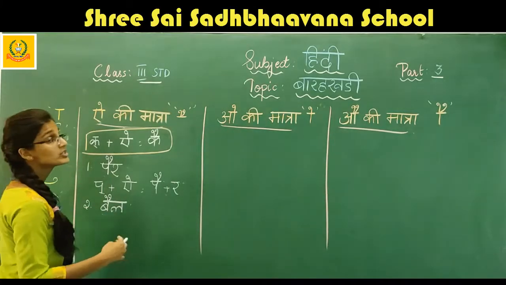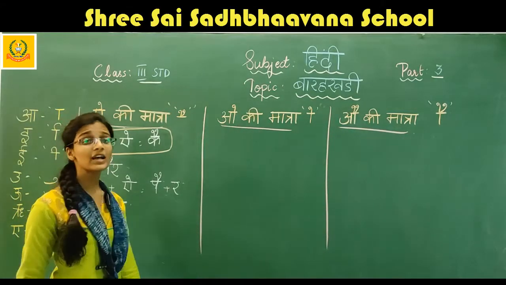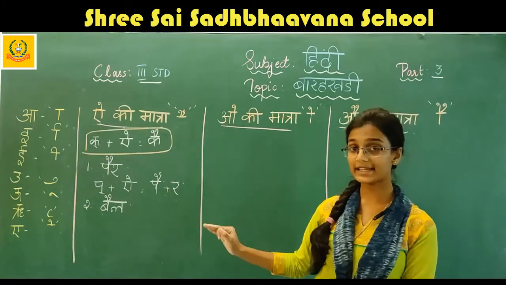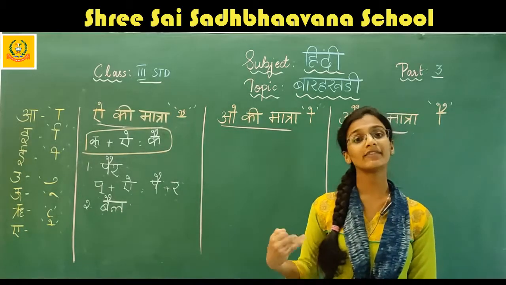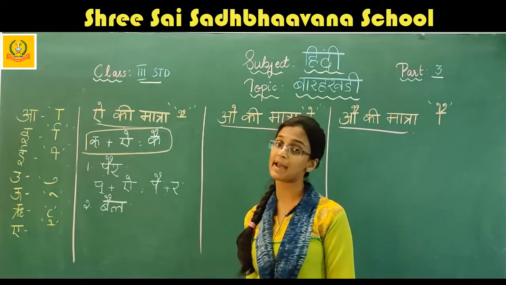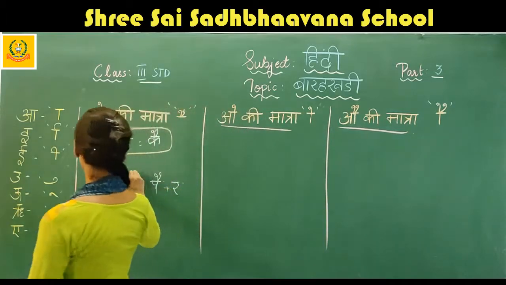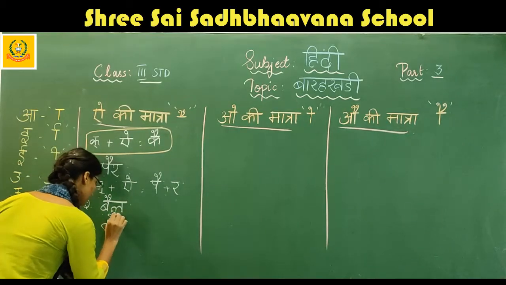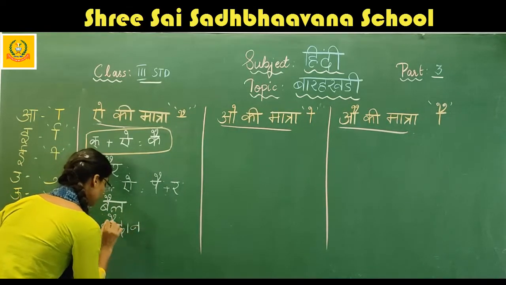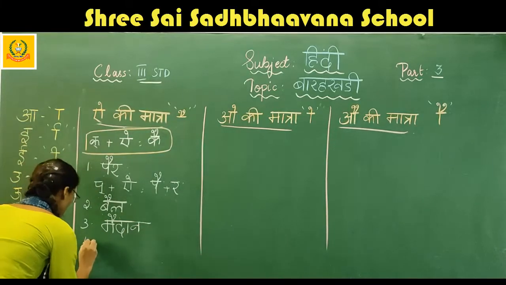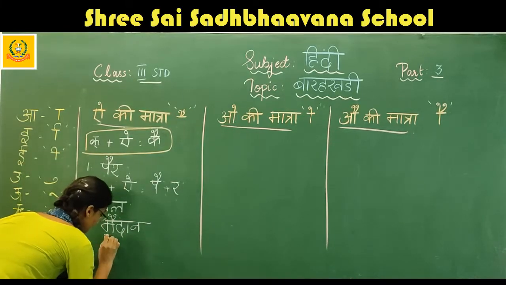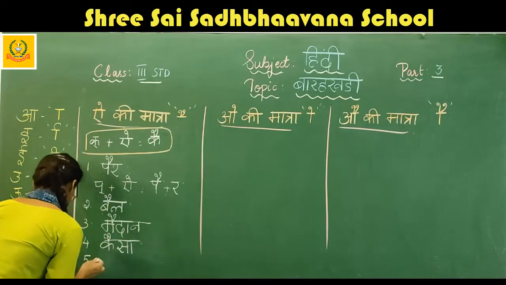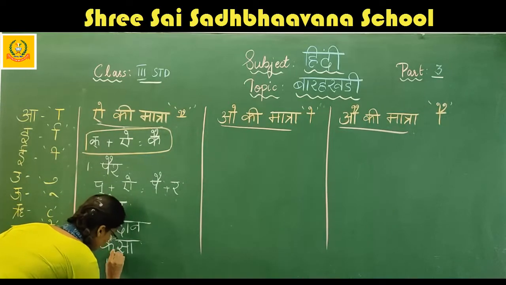Children, till A ki matra I taught you with examples how to expand and write. So from I ki matra to Aha ki matra I'll just give examples so that you can expand and write. Okay children, first one is pair, second one is bale, third one is Maidan, fourth one is Lisa, fifth one is Jaisa.